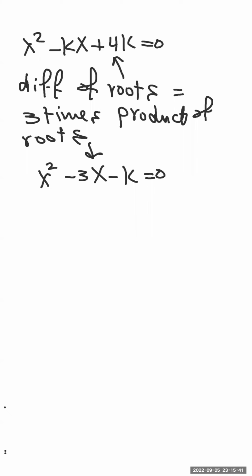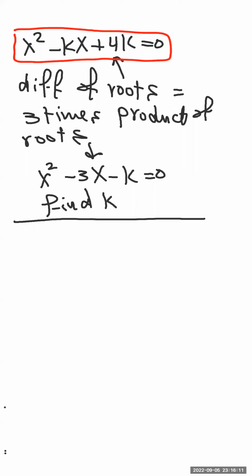So now here the question again: if the difference between the two roots of the equation x squared minus kx plus 4k equals 0 equals 3 times the product of the two roots of the equation x squared minus 3x minus k equals 0, find k. Okay. Now concentrate very well with me. The first equation, we will consider that the two roots are L and M. So L plus M, the sum, will equal k, correct?